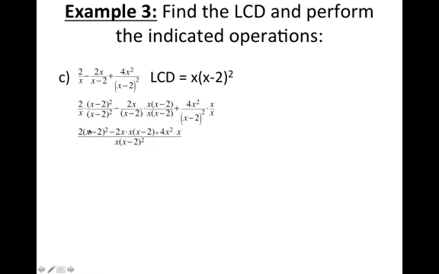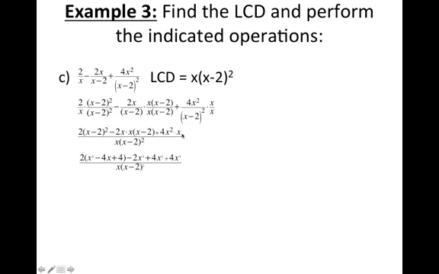I have 2 times x minus 2 squared. The order of operations tells me to square the x minus 2 first, so that means I'm going to have the FOIL there. On the second term, this big thing is a term, I've got 2 times x and then times x minus 2, so I'm going to need to multiply. And then over here, I've got 4x squared times x, so I'm going to need to multiply there.